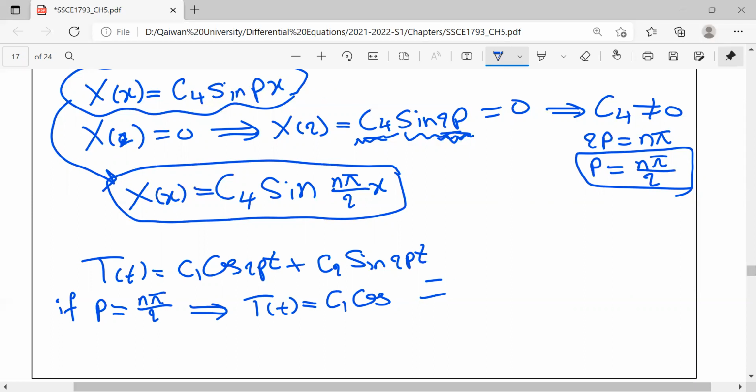So cosine n pi t, plus c2 sine of 2 times n pi over 2 t. These two cancel out, and we get only n pi t.